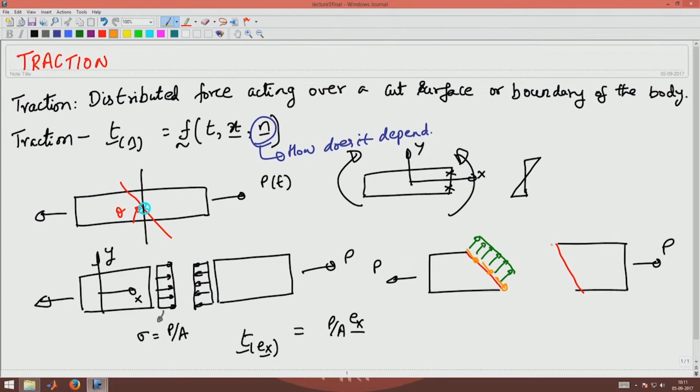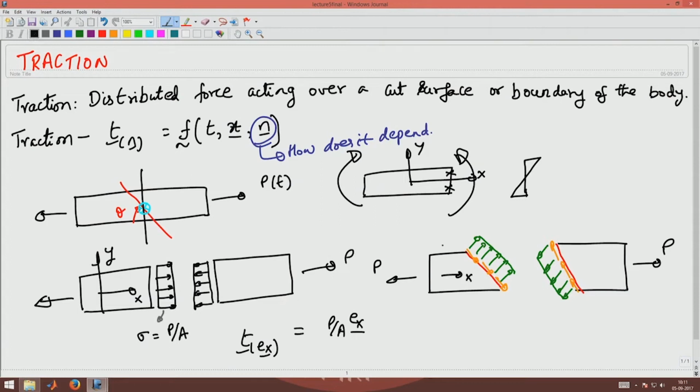Same way here there will be this traction acting opposite to that, and this traction acting opposite to this.